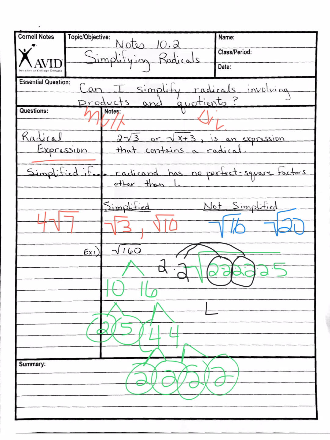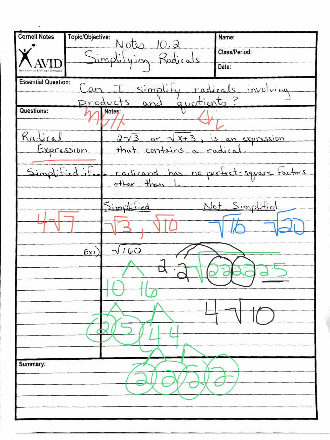We have 2 times 2, which is 4. What's left inside the radical symbol is 2 times 5, which is just 10. So this is simplest form. What you're going to notice is with simplest form, we are not going to change it to a decimal. We're going to leave it in radical form.